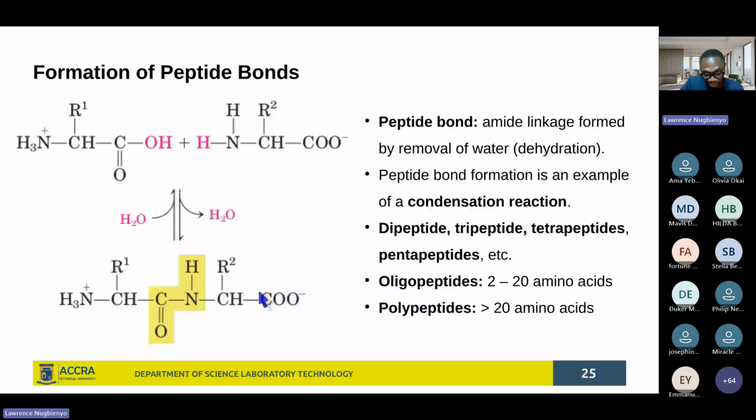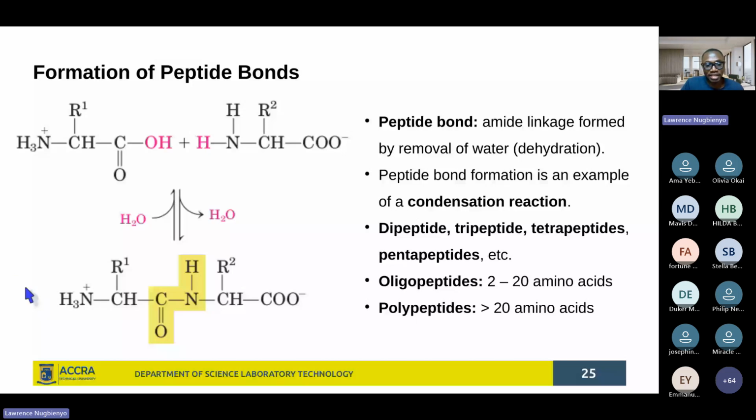Then this carboxylic acid group, it will bind with an amine group. And so the amino acid which will bind to it will still be ending with a carboxylic acid group on the right-hand side. The same thing will happen on the left-hand side, so that a carboxylic acid group of an amino acid will come to bind on the amine group, which means the end of that will still be an amine group.